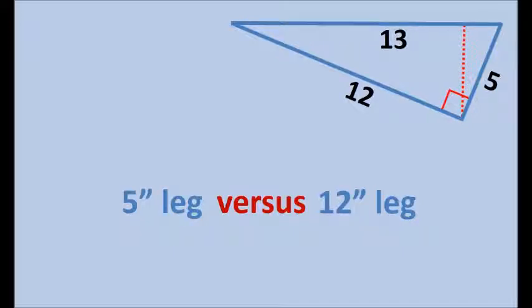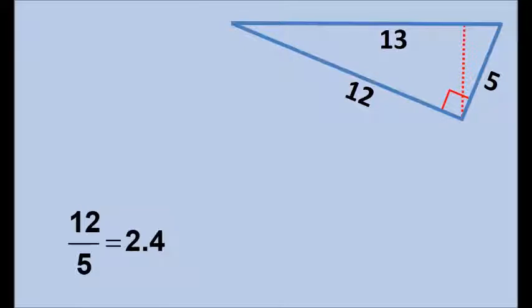One obvious answer would be to say that 12 inches is 2.4 times longer than 5 inches, and that its contribution to h is therefore 2.4 times longer. But that answer fails to also consider the fraction of each leg's length that contributes to the hypotenuse.